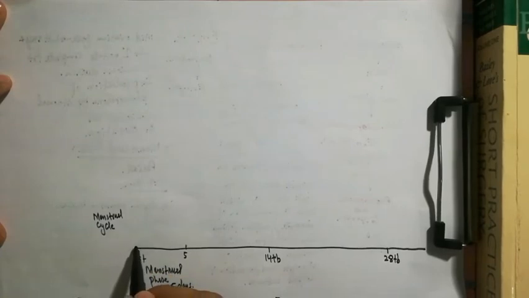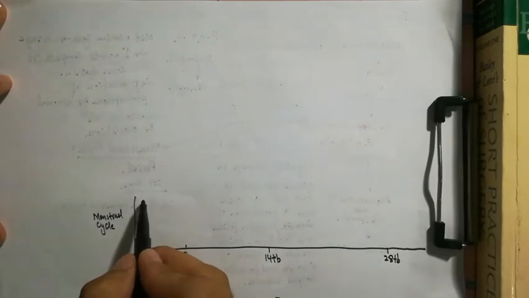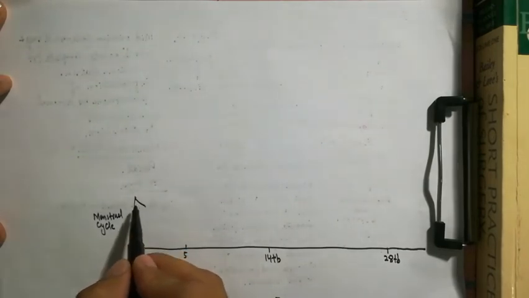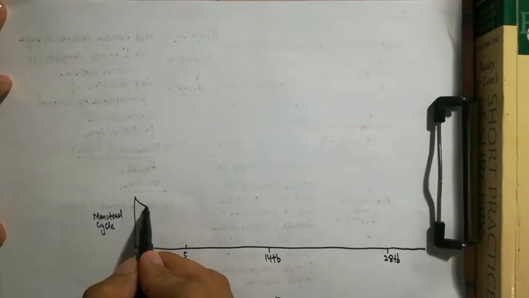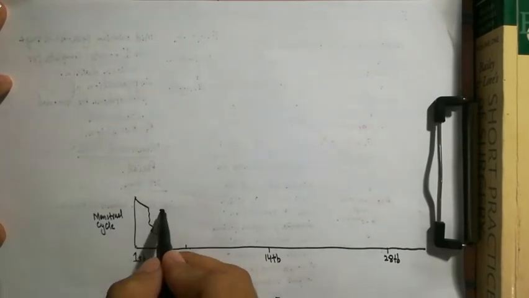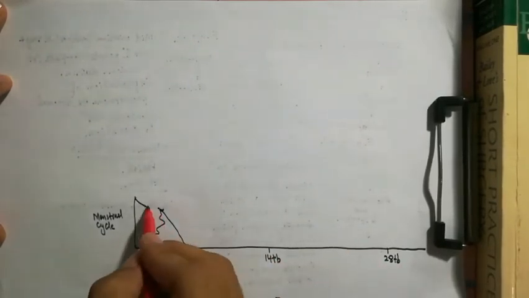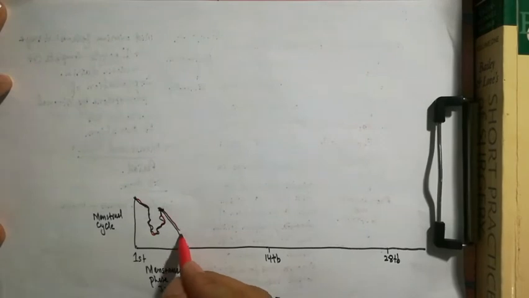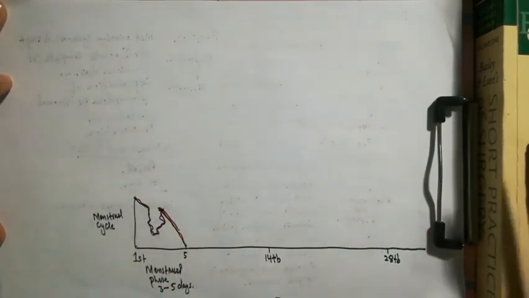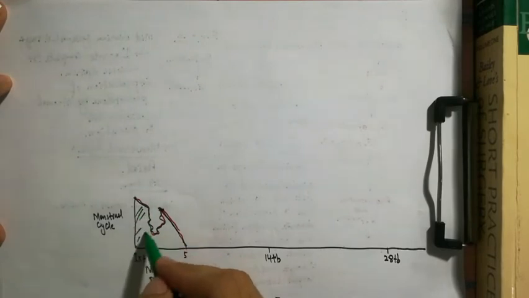Let's see, this is endometrial tissue. This is endometrial gland. This is endometrial gland. This is connective tissue.